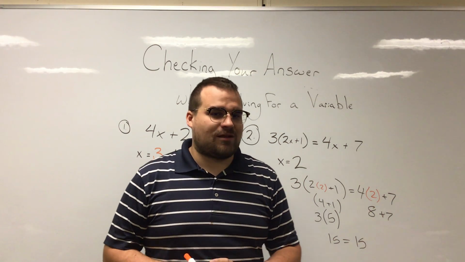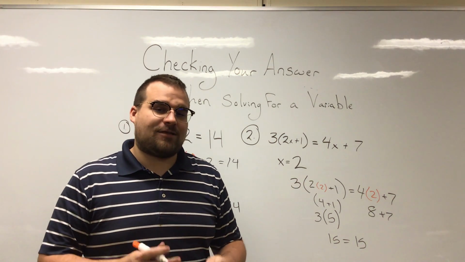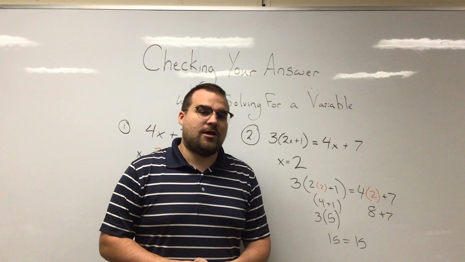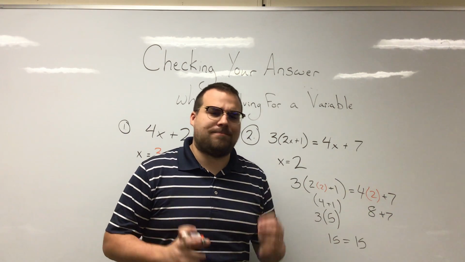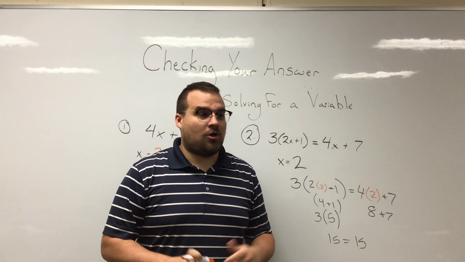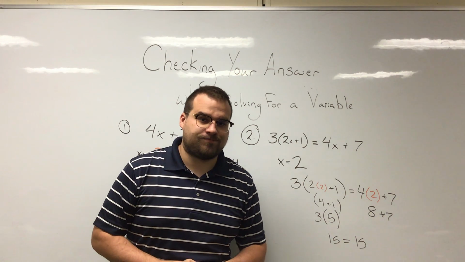So this is something that I find really helpful, and I think that you guys could use it to make sure you get as many points as possible on homework, tests, and quizzes.